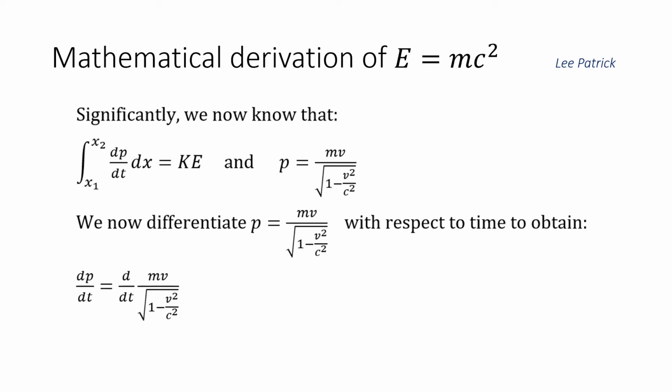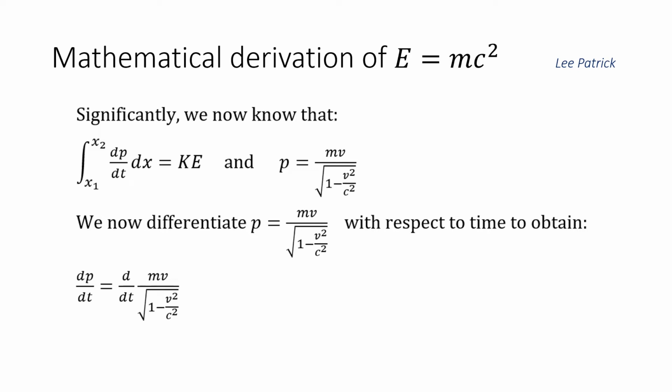Significantly, we now know that the integral of dp/dt with respect to x from x1 to x2 is kinetic energy, and also p equals mv over the square root of 1 minus v squared over c squared.